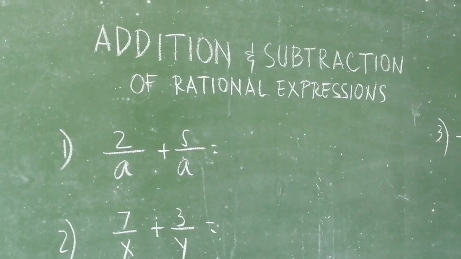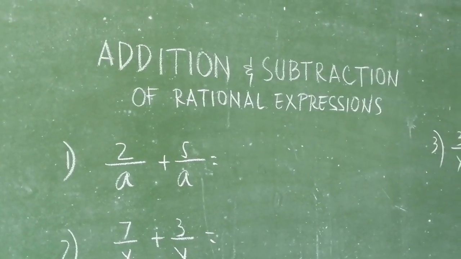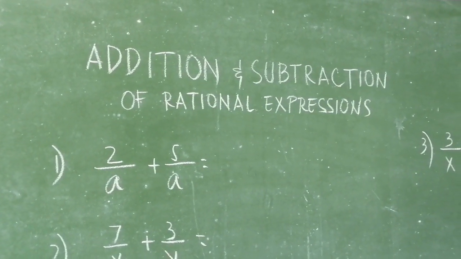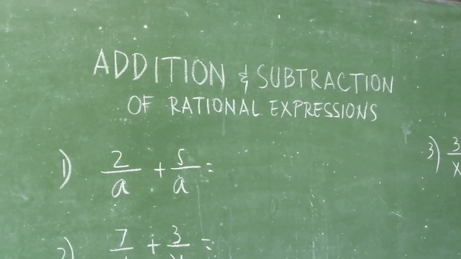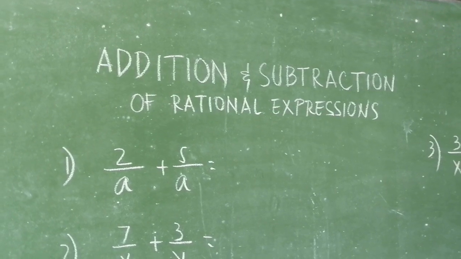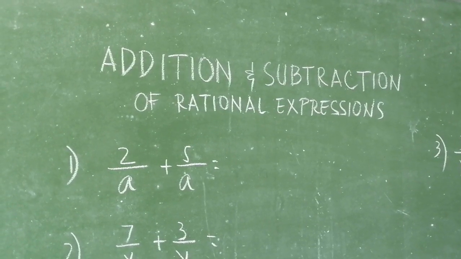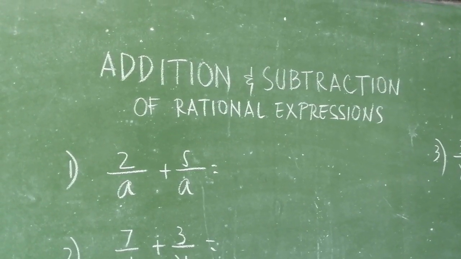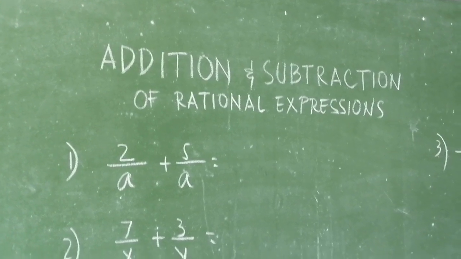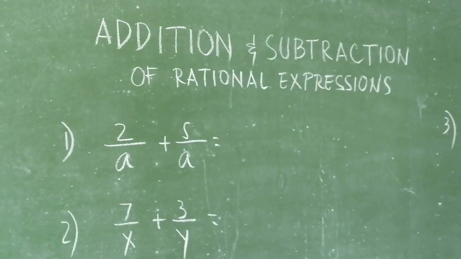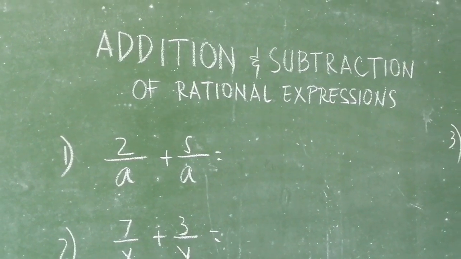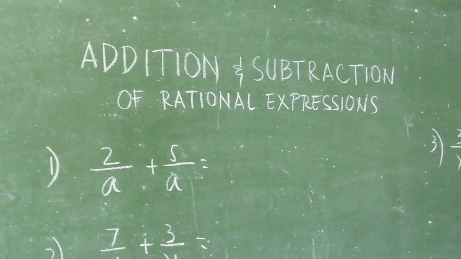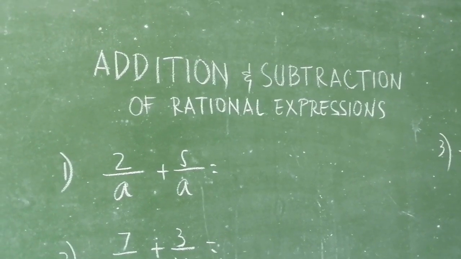If you have learned how to add fractions, adding similar fractions, when we say similar fractions, you have the same denominator, and adding fractions when they have different denominators, whatever the rule in addition of fractions, that will be used in this lesson.